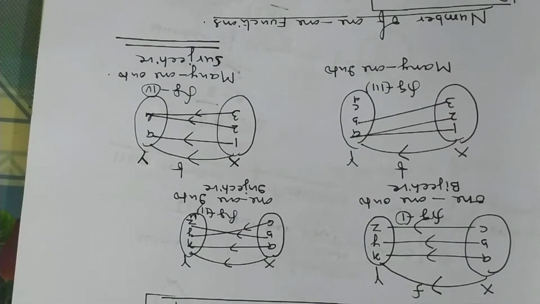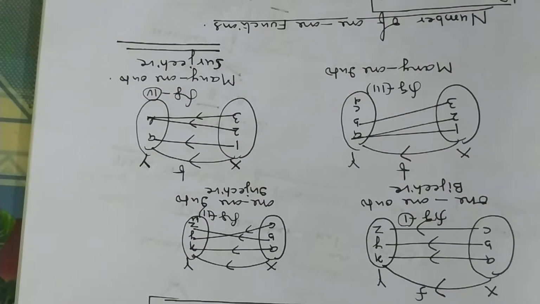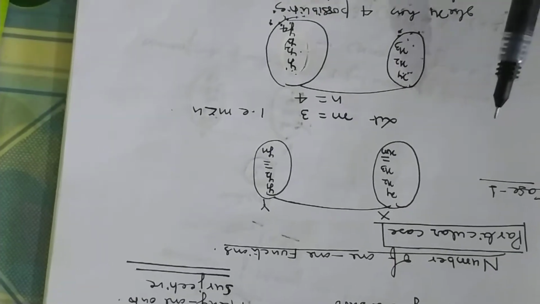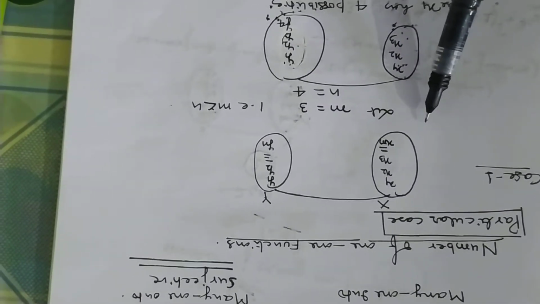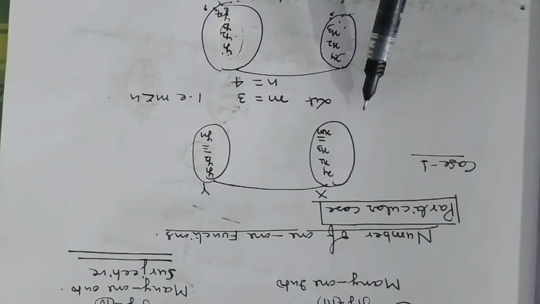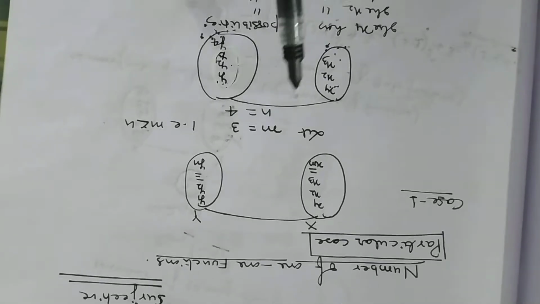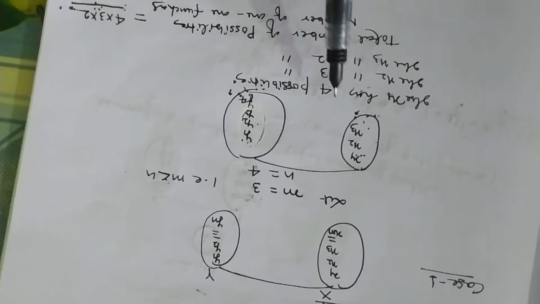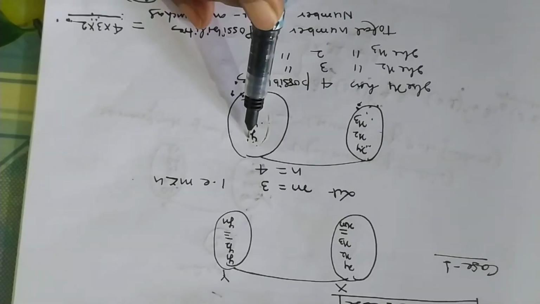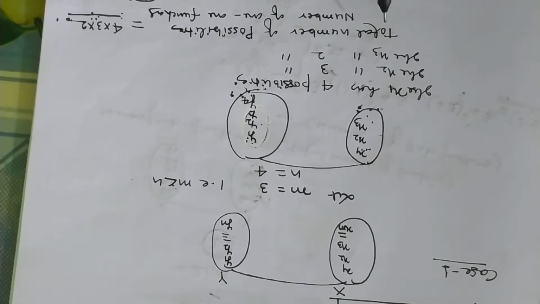So my dear students, now in case first, what do you observe? We observe that in the domain there are 3 elements, and in the codomain there are 4 elements.